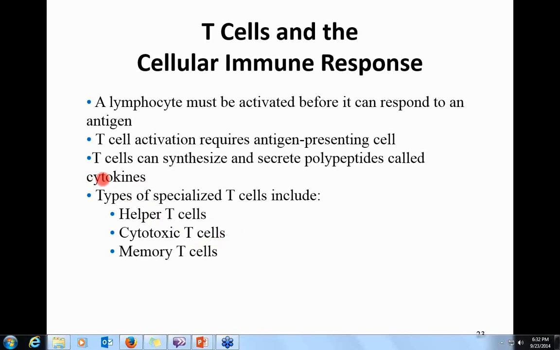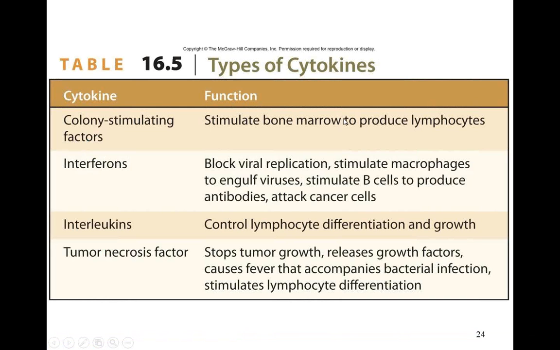So cytokines are a group of proteins, and I believe I have a little chart in my next slide, that can do a whole bunch of different things. But the big thing they do is stimulate lymphocytes. We've already talked about one cytokine.